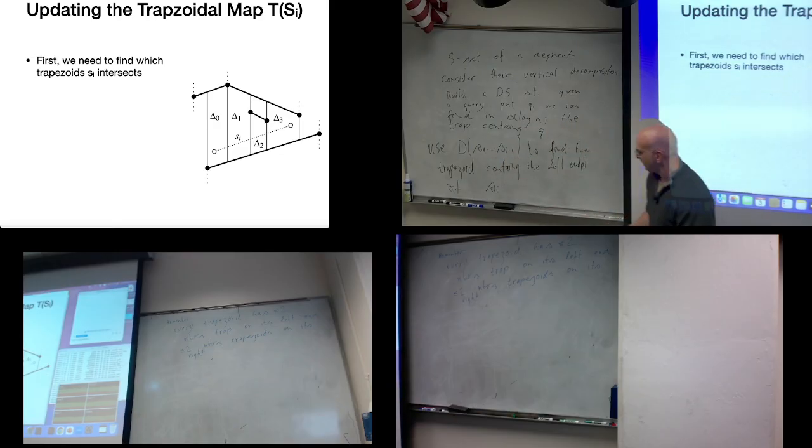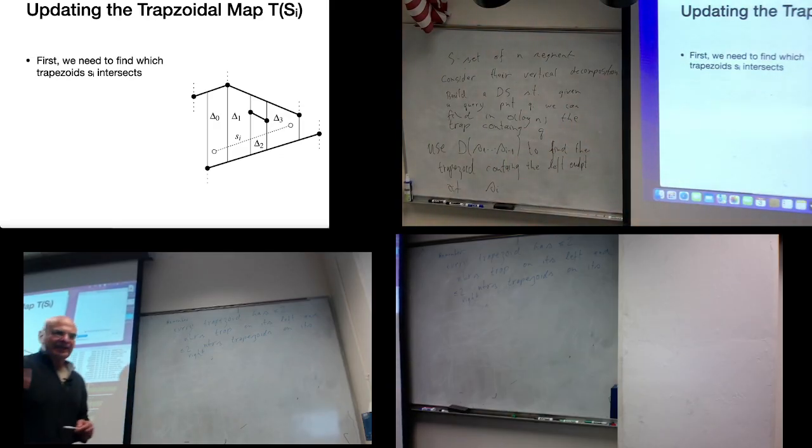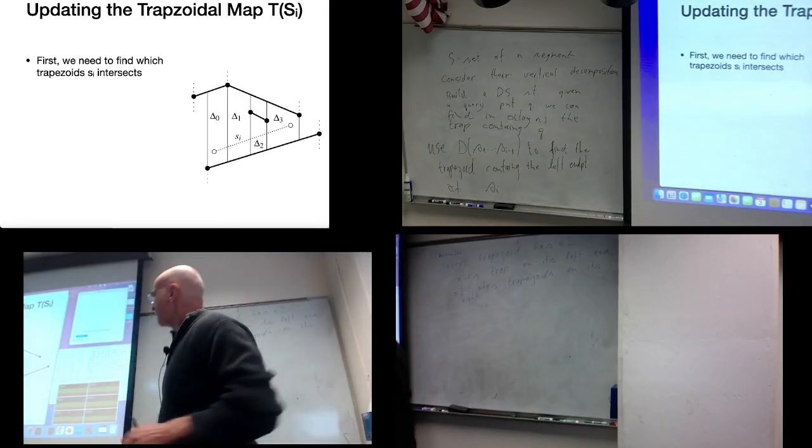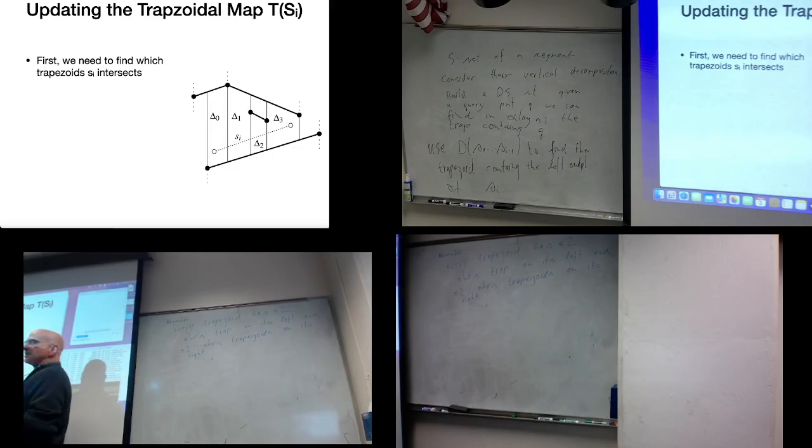The data structure goes all the way up to the last segment that was inserted, Si minus 1, and now Si is inserted. Find where it is. There is a trapezoid that contains it.